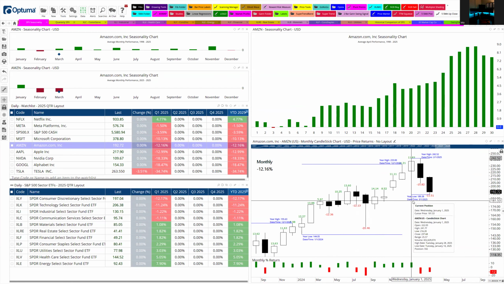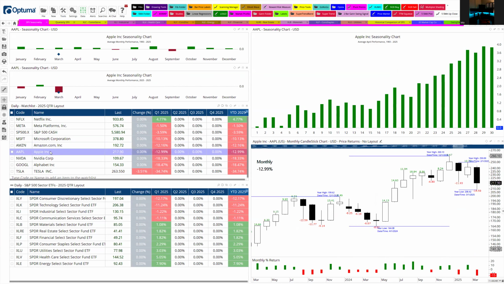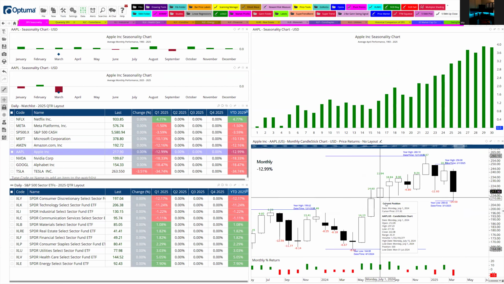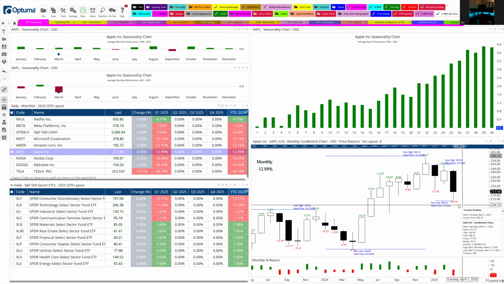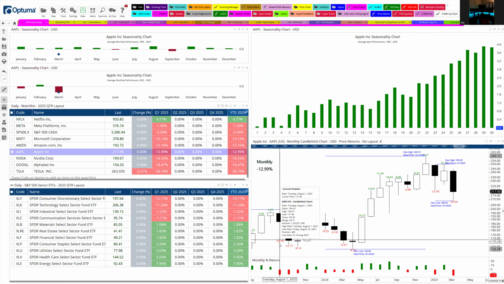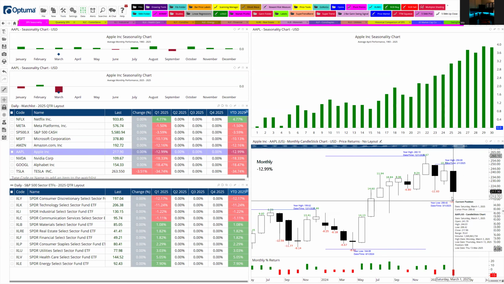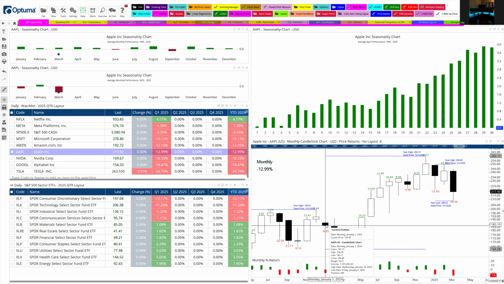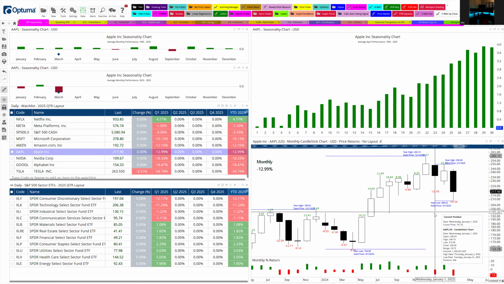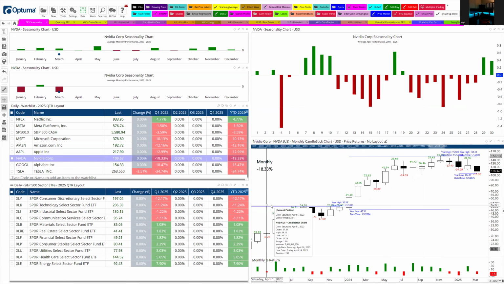Previous one was 1212. Man, these are crazy moves, to be honest. Look at it. Apple 14.59. 14.59. We don't see any 14 here. One single month.